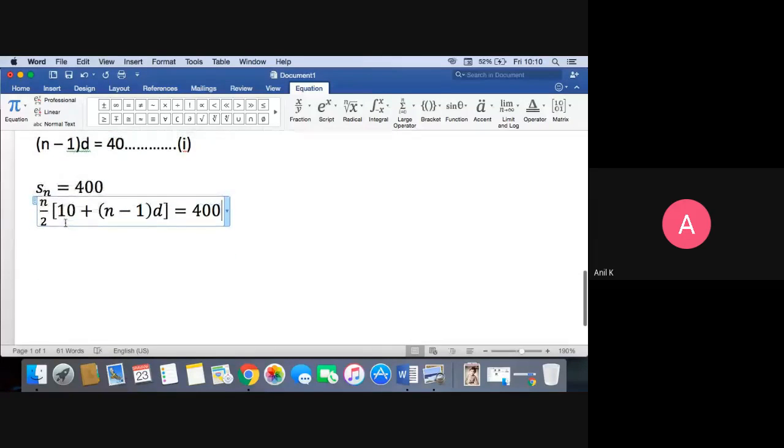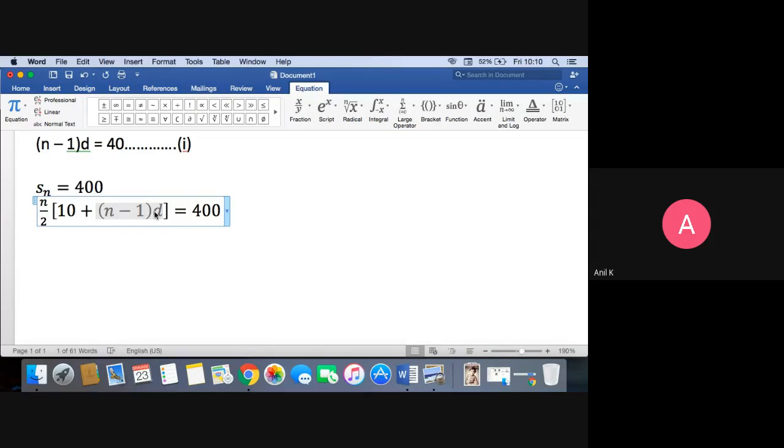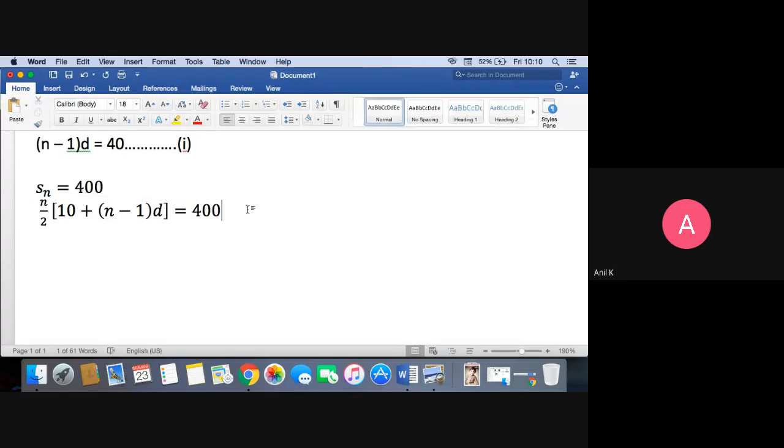Now what I do here is, look at equation number 1, (n minus 1) into d. This value is going to be 40. So here also you have (n minus 1) into d. So this (n minus 1) into d I'll replace with 40.